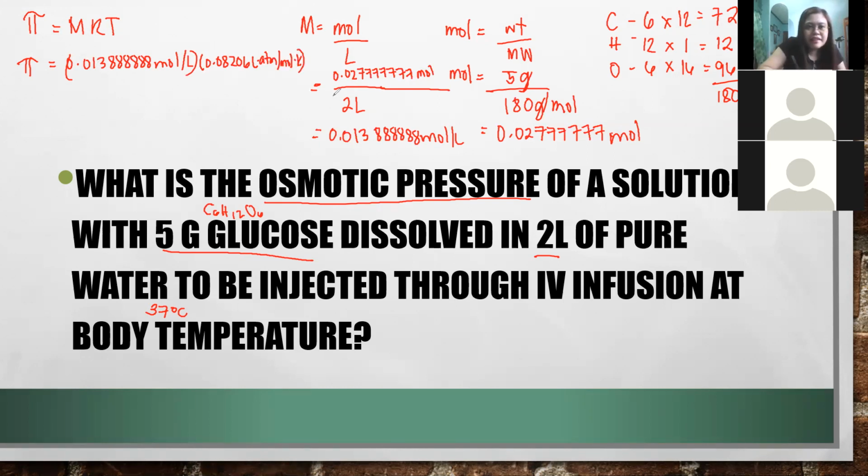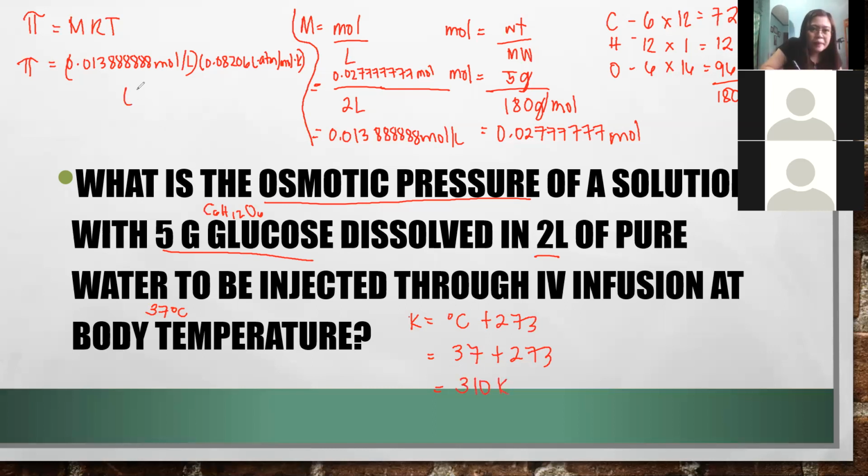Okay. And wait, sa baba na lang ha, kay dili na siya makasya. Okay. And then for the temperature, it's 37 degrees Celsius. We just have to convert it into Kelvin. So it's degrees Celsius plus 273. So this is 37 plus 273. Ilan na siya class? 37 plus 273 is 310 Kelvin.